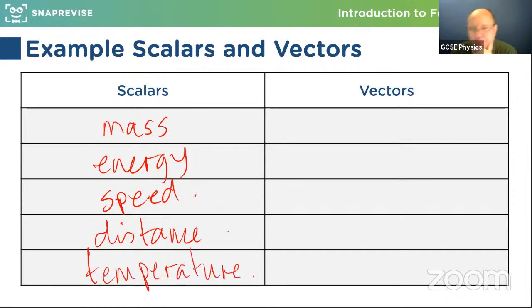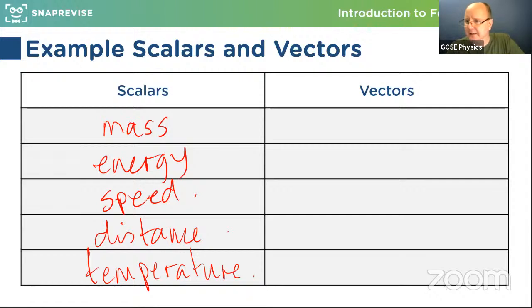And there are many, many more. Let's think about some vector quantities now. So just to make it easier, let's just concentrate on vectors. So thank you, Hannah. Yeah, mass, time, energy, speed, distance. I wouldn't quite agree with Arbin there. An example of a vector SI unit is the Newton. So forces are always vector.